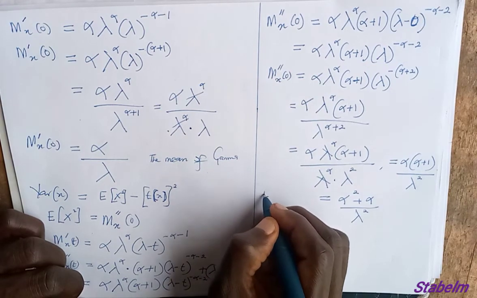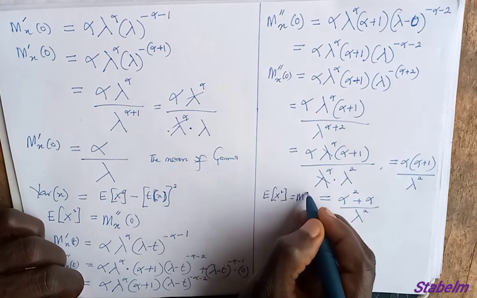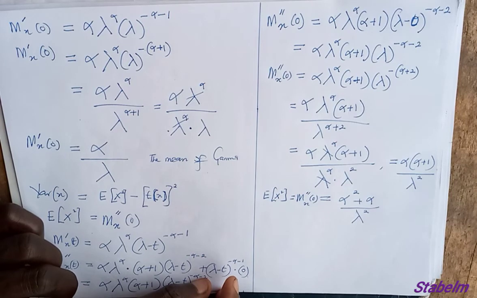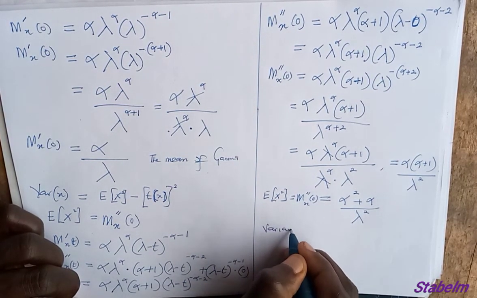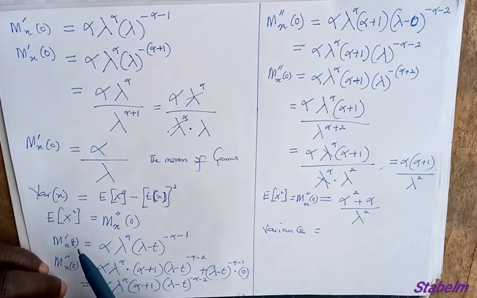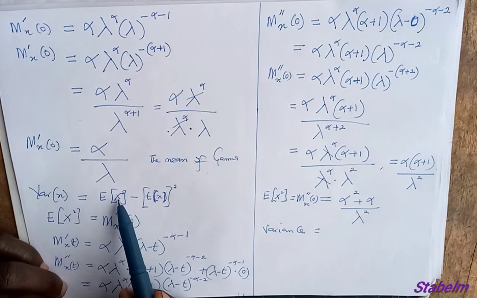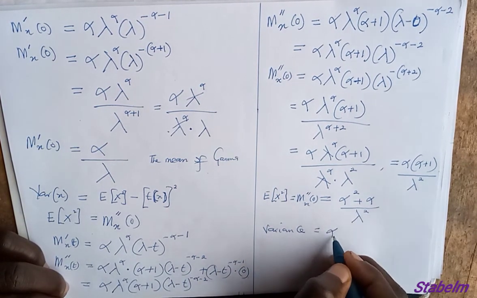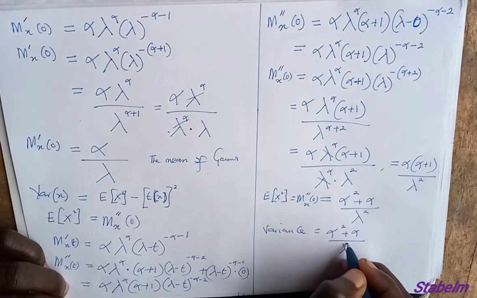And this is our E of X square, which is equal to M double prime of X when t is equal to 0. So now we go back finally to our variance. We said variance is equal to, we remind ourselves, we've already written it here, E of X square, and E of X square, which is equivalent to M double prime X of 0, equals this. So we have alpha square plus alpha divided by lambda raised to power 2.